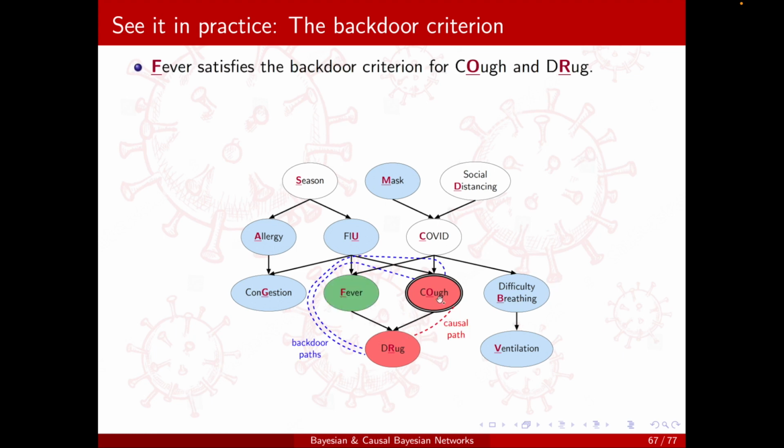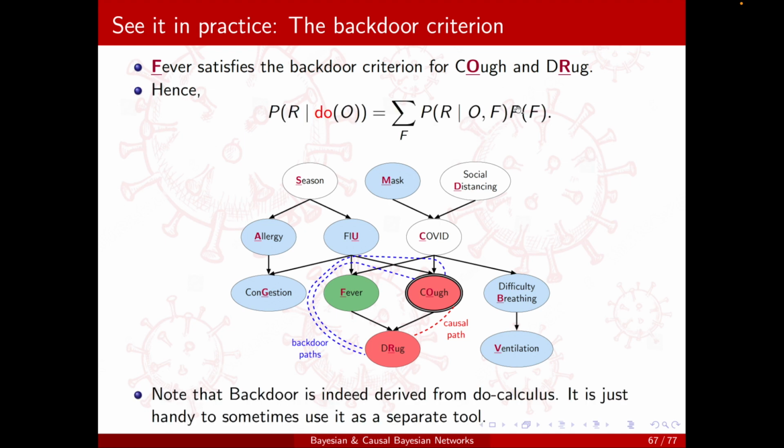Here cough had one causal path to drug, and it had two backdoor paths via COVID, fever, and flu, fever to drug. So fever satisfied the backdoor criterion for cough and drug, and therefore we could simplify the intervention query into what we obtained there.